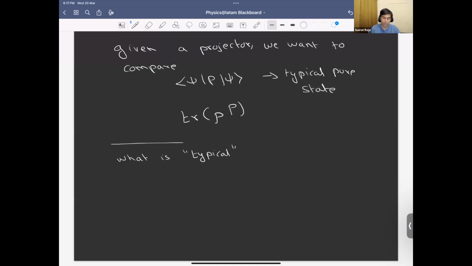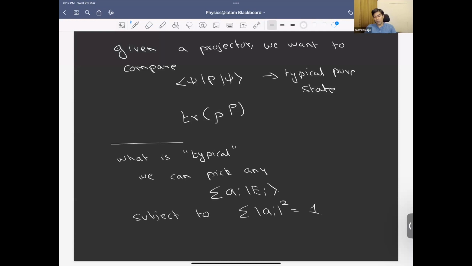So we can pick any state subject to normalizability. The Hilbert space, in fact, is a copy of CP W minus 1.